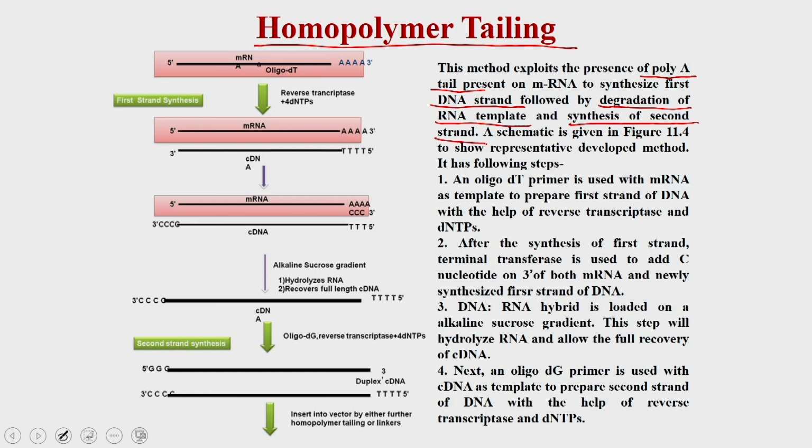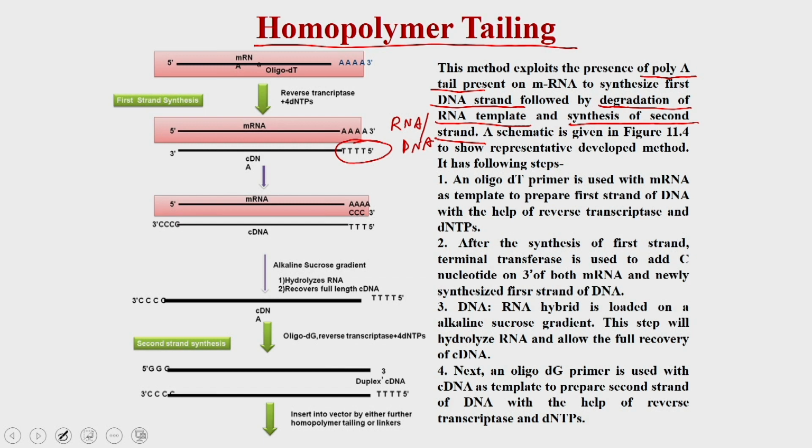So, how to do this? In the first step, you put a poly T primer. Once you put the poly T primer, the reverse transcriptase is going to use the RNA as a template to synthesize one strand of DNA, and then you are going to get the RNA DNA hybrid.